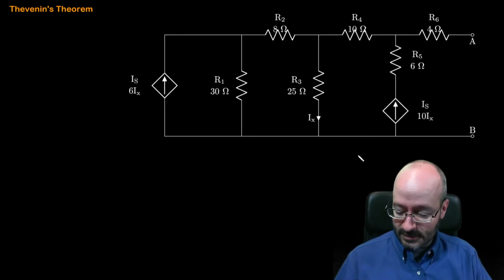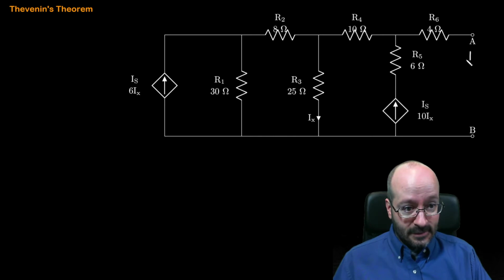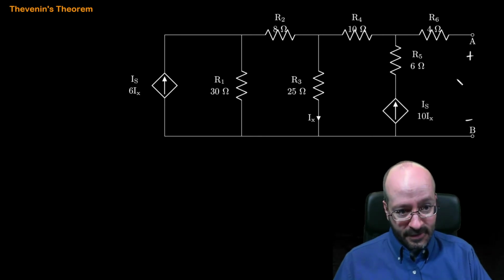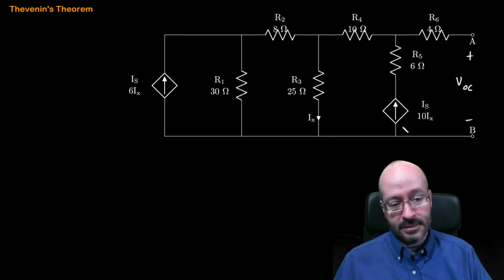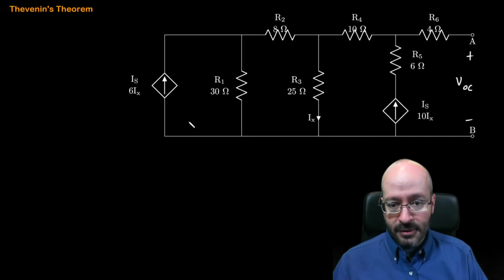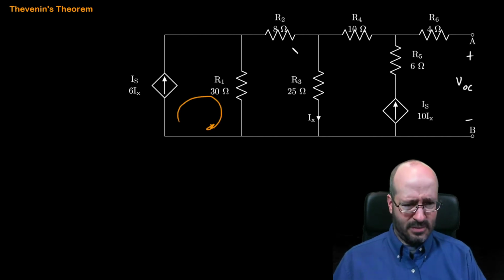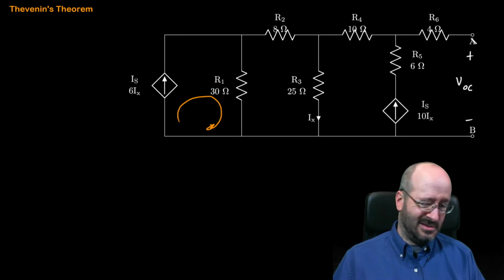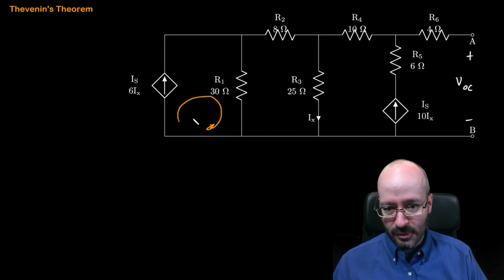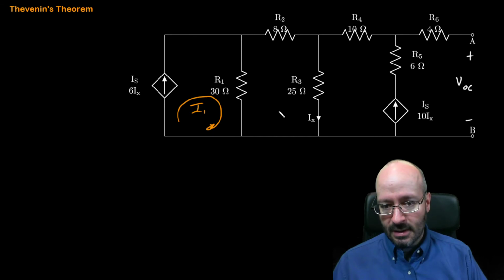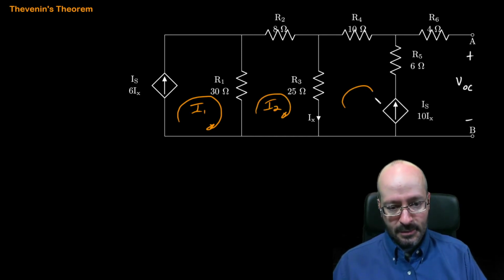Let's do the first thing first, and find V open circuit. In order to do that, I need to do some analysis, whatever method you choose. You might be able to do nodal, but I'm going to do mesh, with mesh currents I1, I2, I3.